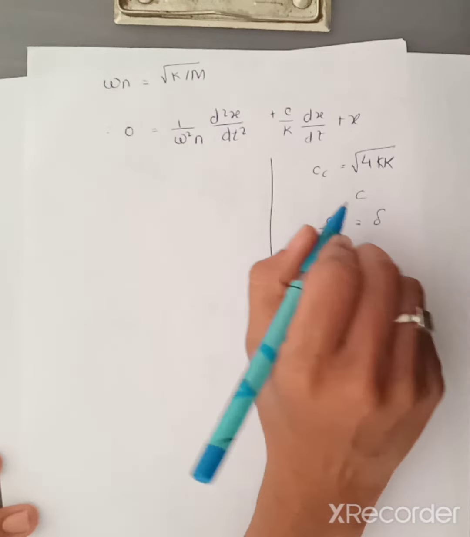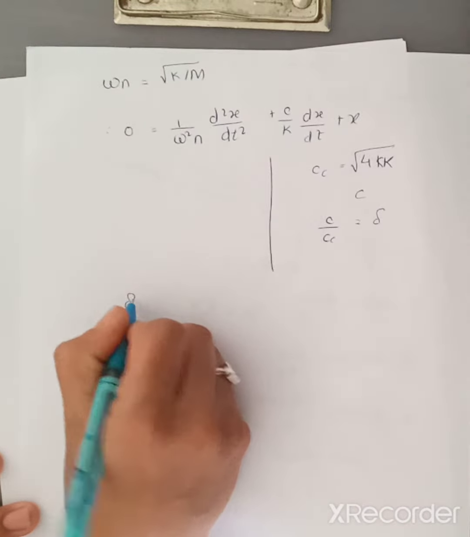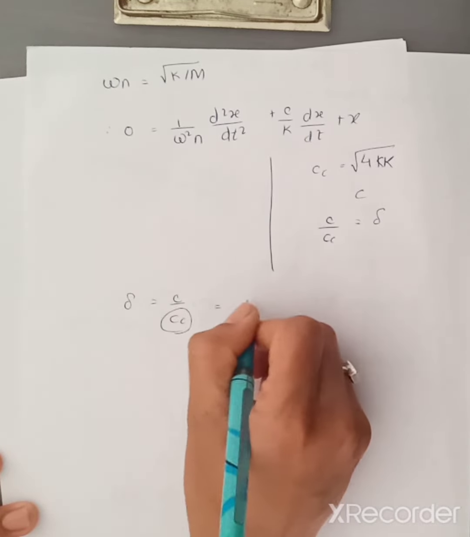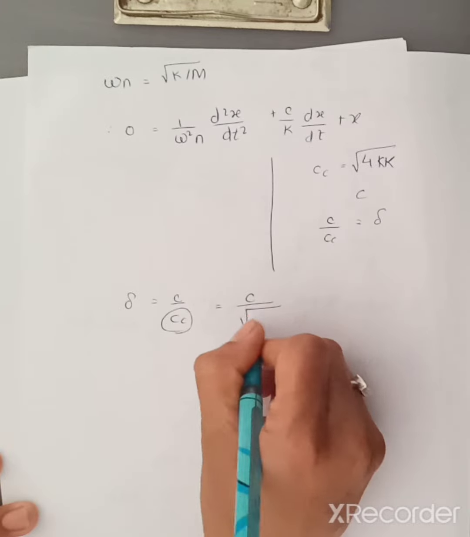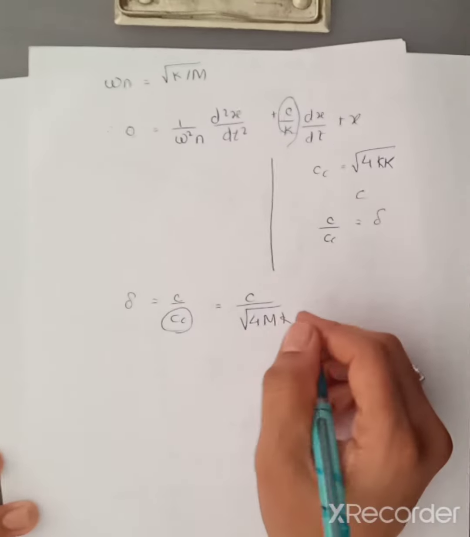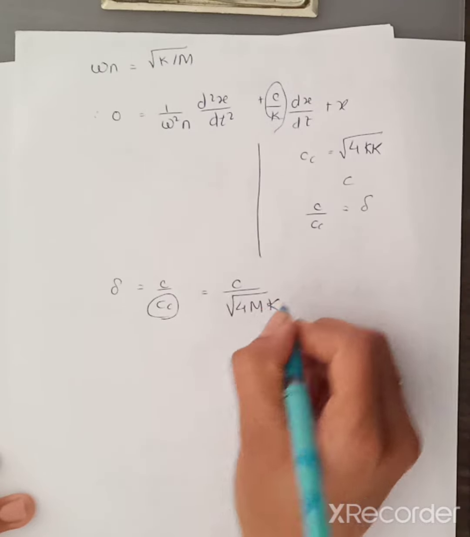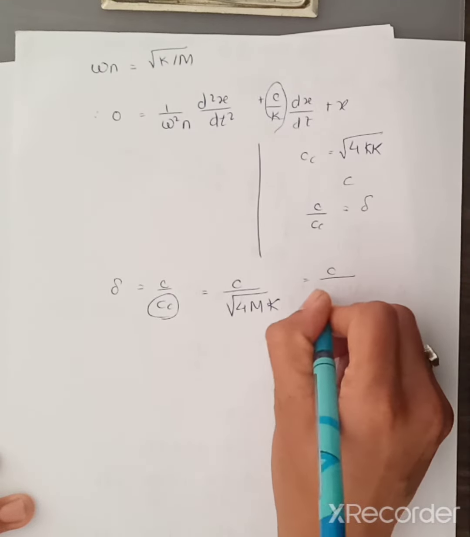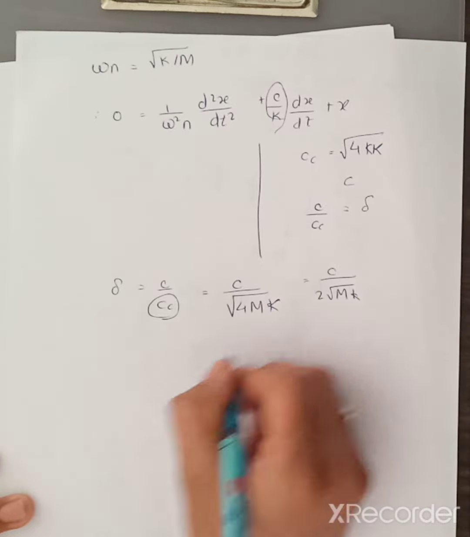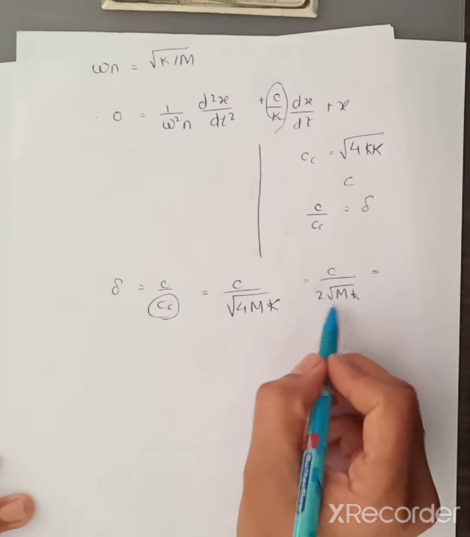What is del? Del is equal to C upon Cc. We put the formula for Cc, that is under root 4mk. Here we are finding this term: we take 4 out of the root, that is 2 under root mk.